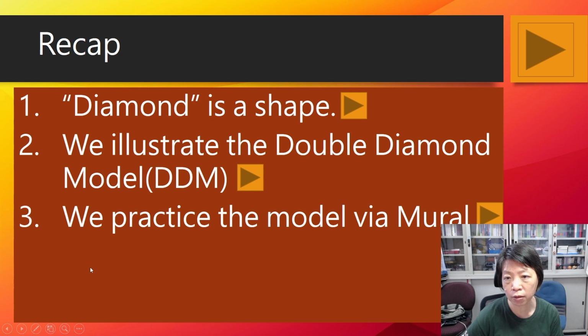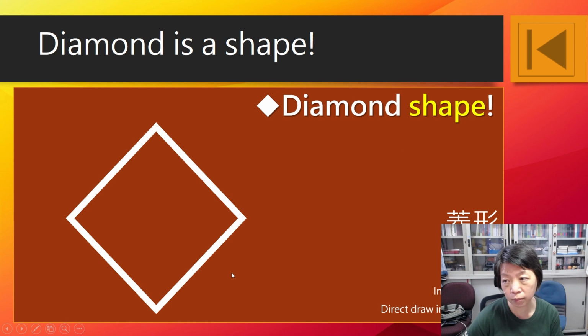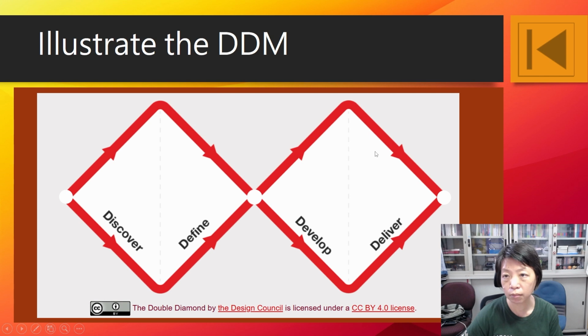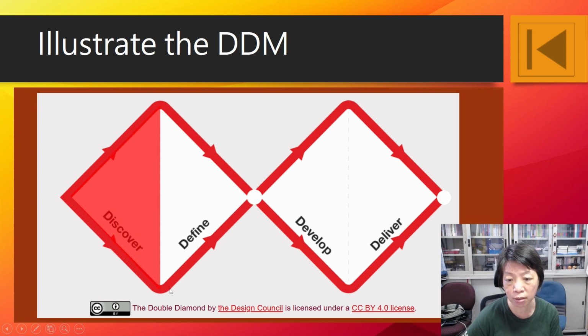What we have done today: first, we identified that a diamond is a shape. Remember? Okay. And then, second, we illustrated the double diamond model. Remember, moving from a point to a broad area is a divergent process. And then we must redefine the problem so it converges to one point.